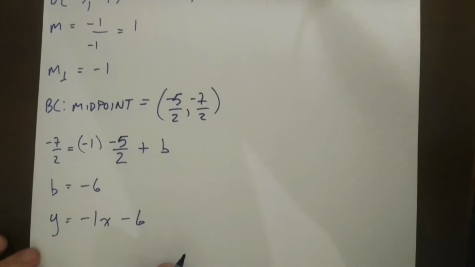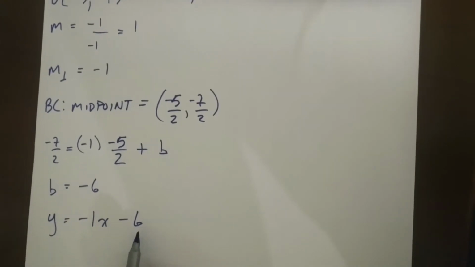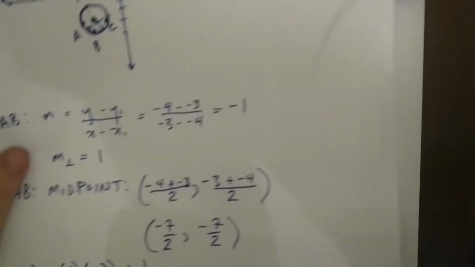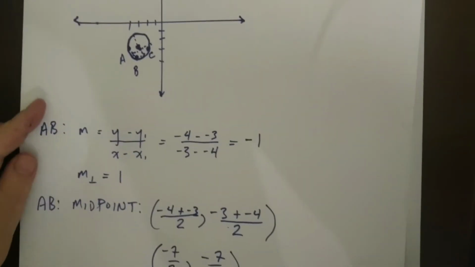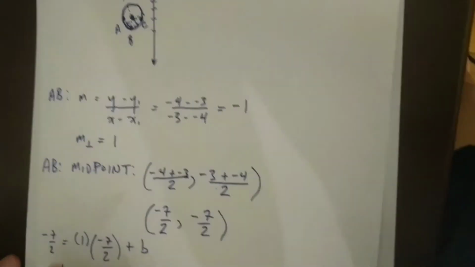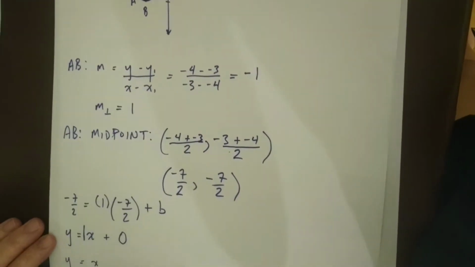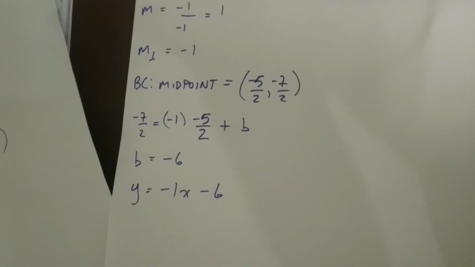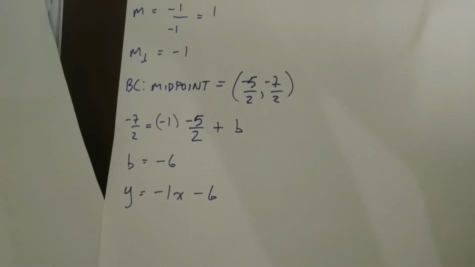So what I'm going to do now is look at our equations. AB is y equals x. And BC, when I say BC, I mean the perpendicular bisector, is y is equal to -1x minus 6. So now I'm going to substitute.